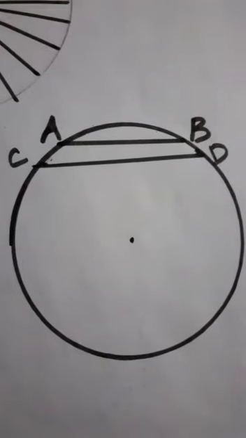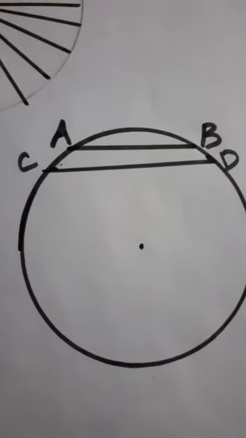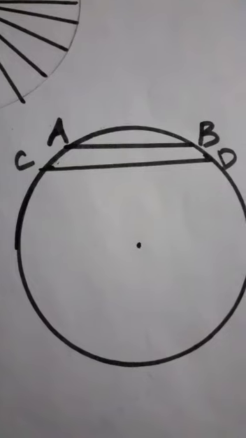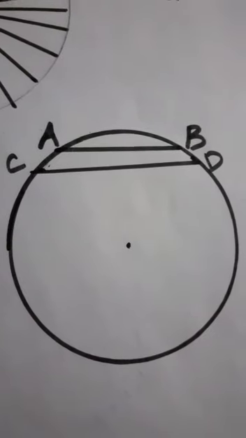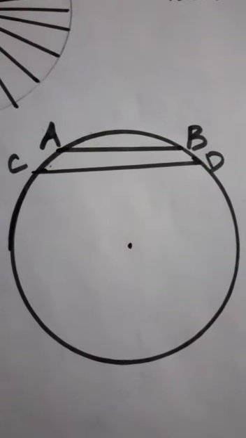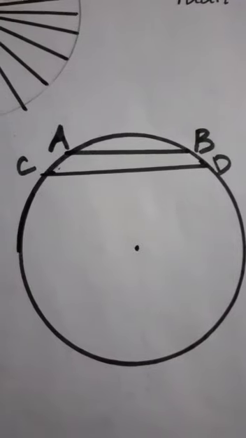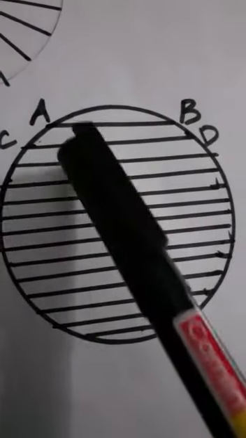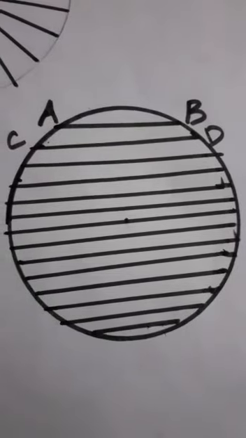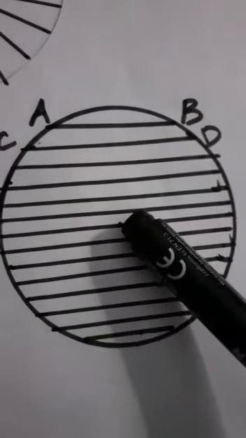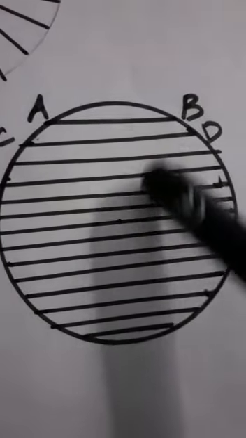CD is also a chord. In the same way we can draw chords. I am taking any 2 points on the circle and drawing chords. So look here, children, these are all chords. This is also a chord, these are also chords, these all are chords.